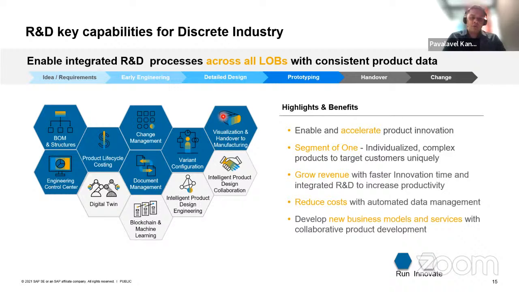This enables you to accelerate your product inventions, and helps you with the reduction of cost. Having every information required as one single source of truth reduces your cost, and also helps you to develop new products and innovate faster, right?